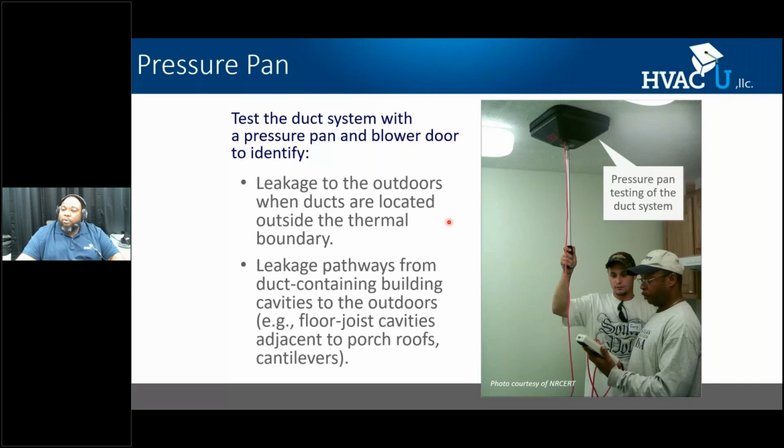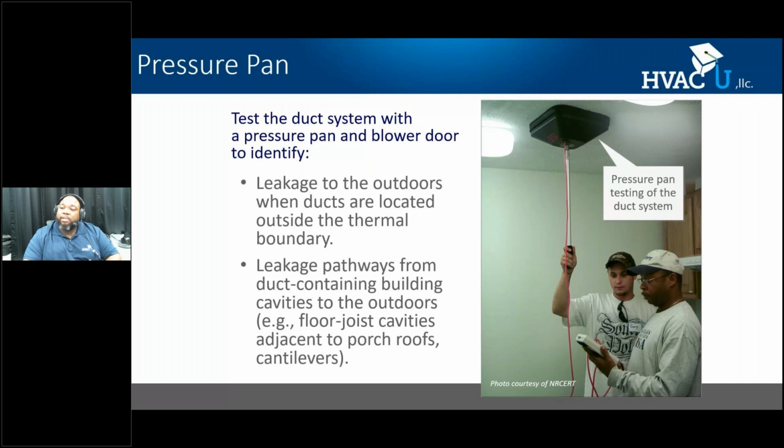When I have a blower door running, I can encapsulate a supply register or return grill, and this gives me a sense that the ducts may be leaking, and even more important, if they're leaking into an unconditioned space.